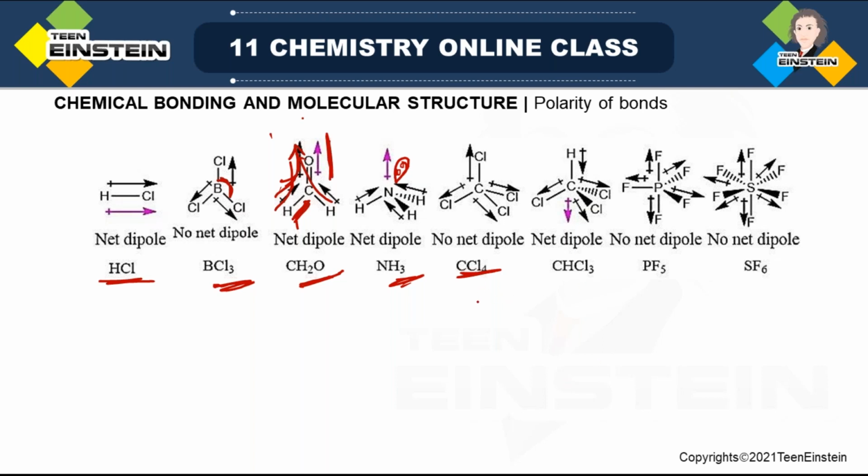But in CCl4, if one chlorine is replaced by one hydrogen, now the scenario is different. Now see, for these 3 CCl bonds, the direction is towards chlorine because chlorine is more electronegative than carbon. And for the hydrogen carbon bond, now the direction is towards this. So what will happen? The overall direction of the dipole moment will be like this.